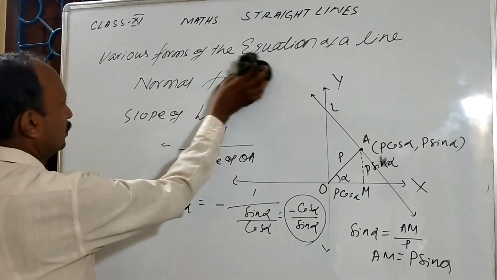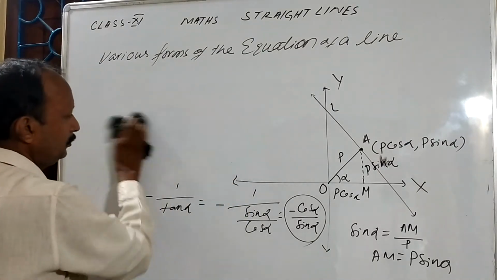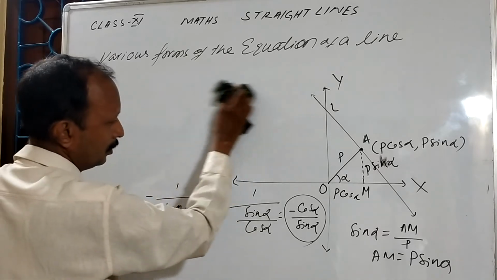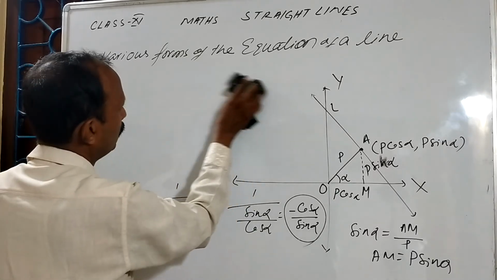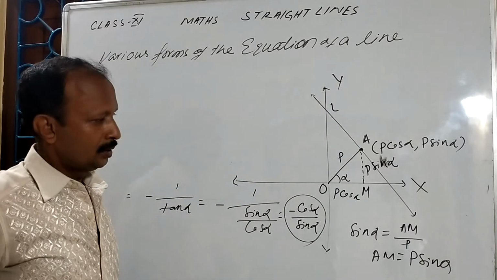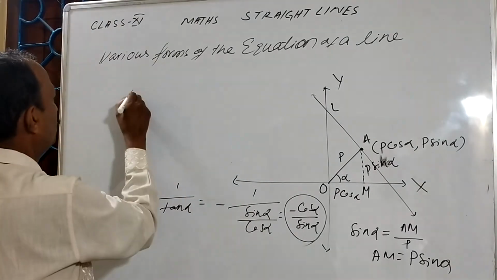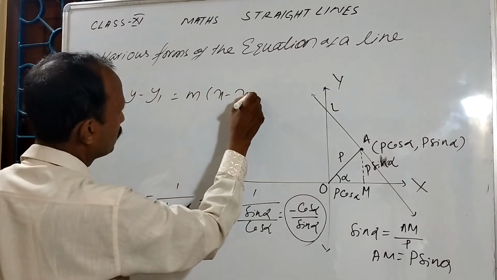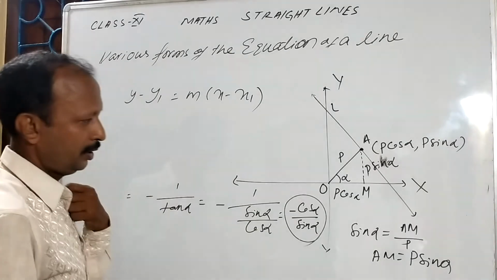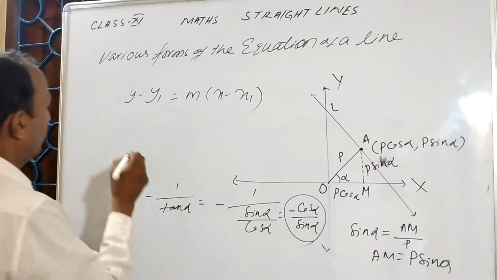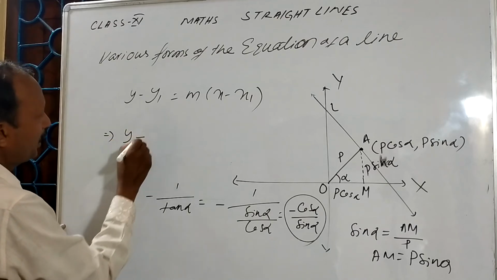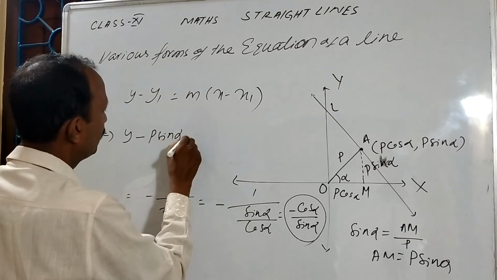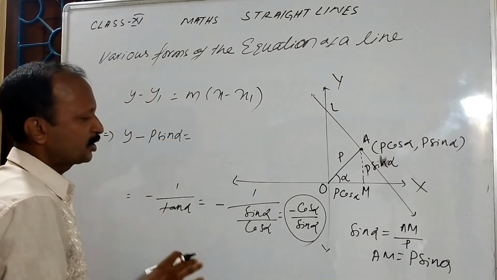Let us see how it is. So I know that y minus y1 is equal to m into x minus x1. Okay. So this implies y minus y1, that is P sin alpha, is equal to m. M means slope.